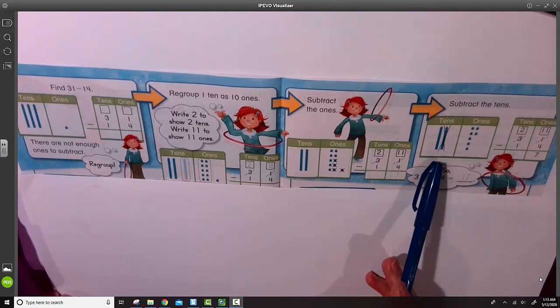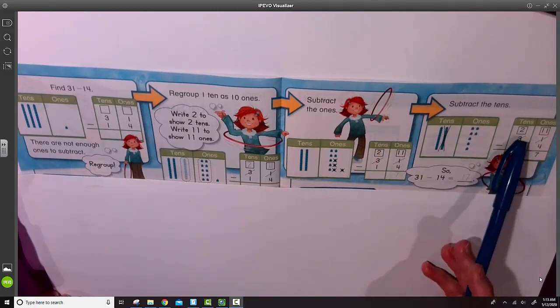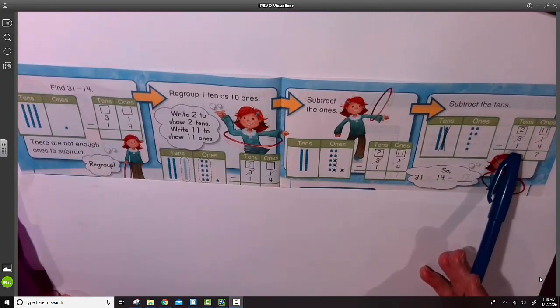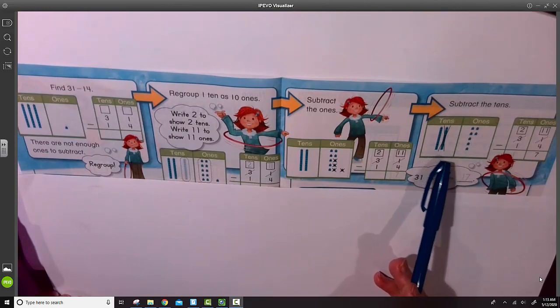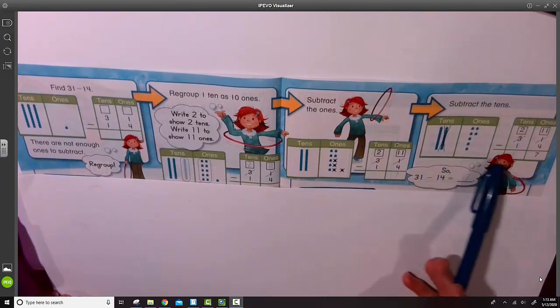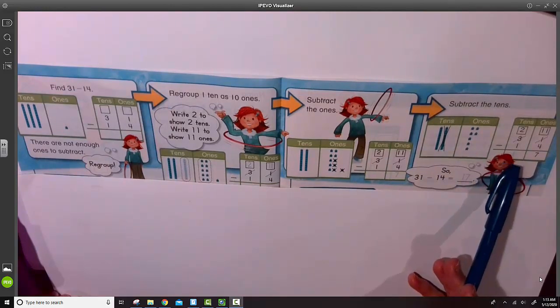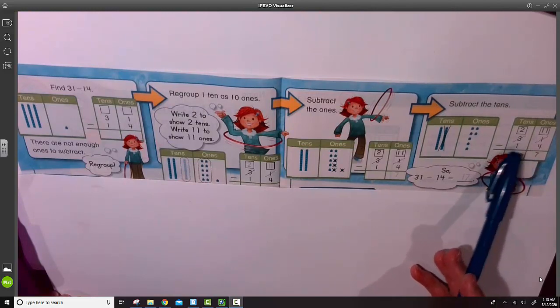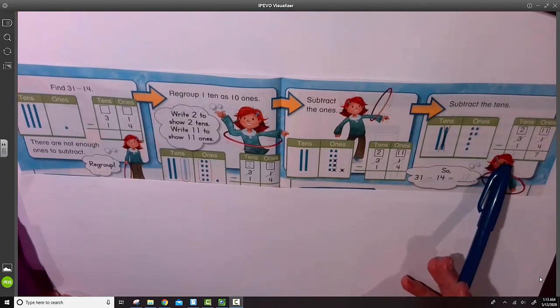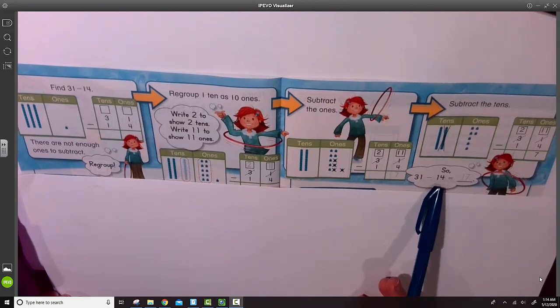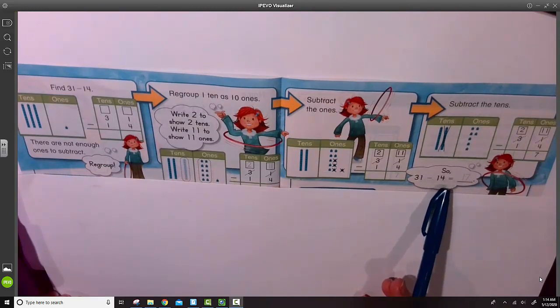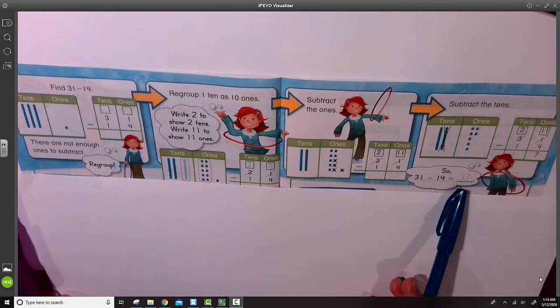Moving to the tens column, we have 2 tens subtracting 1 ten. 1 ten is crossed out with a remaining ten. So 31 minus 14 equals 17. The difference is 17.